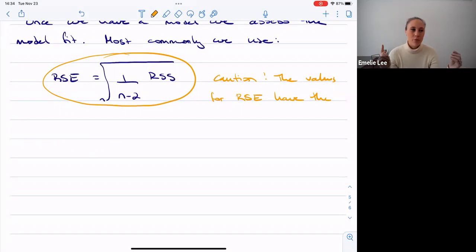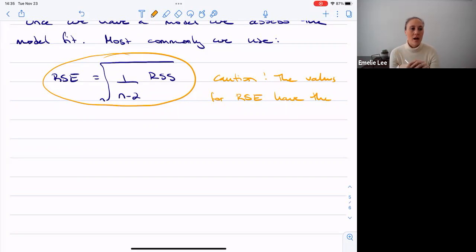If we're comparing, let's say, kilometers to centimeters, then we can't compare RSEs from kilometers to RSEs from centimeters, because they're not the same thing.